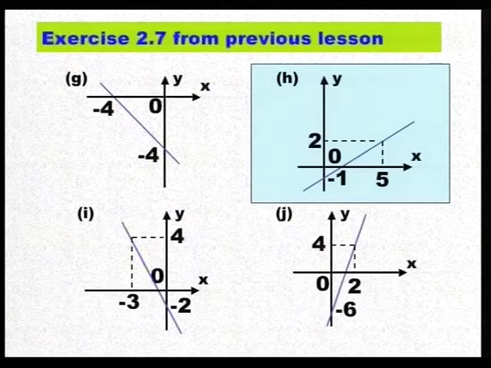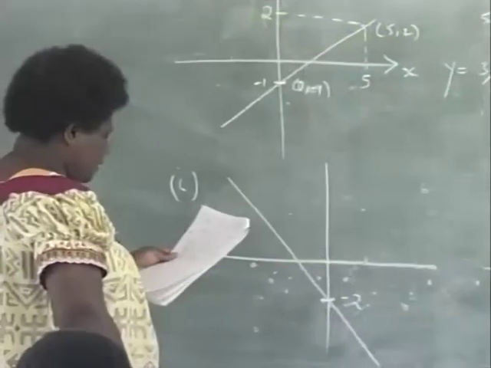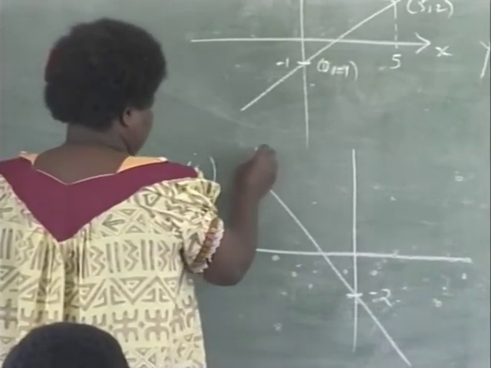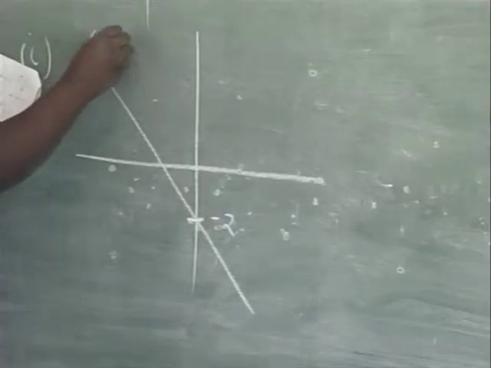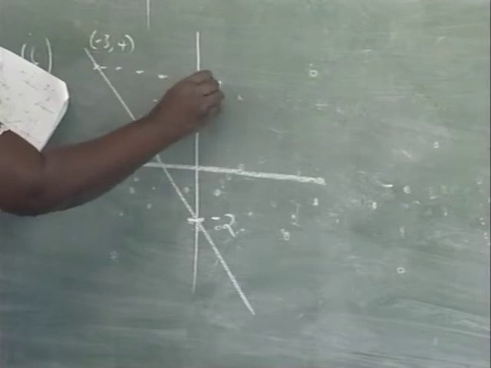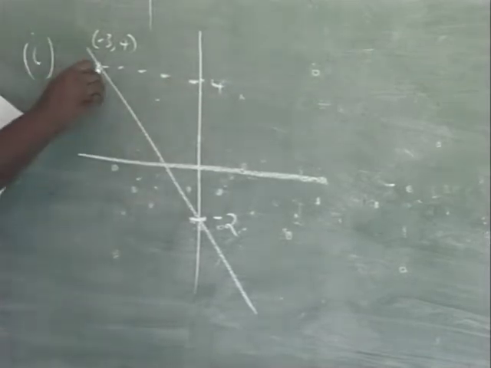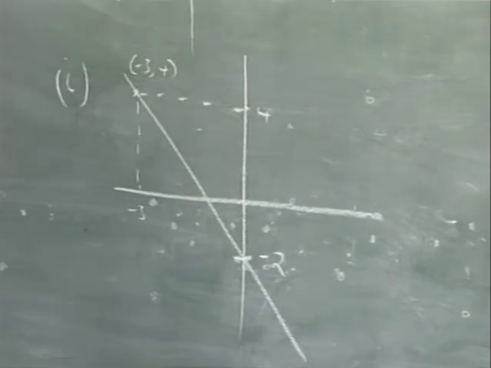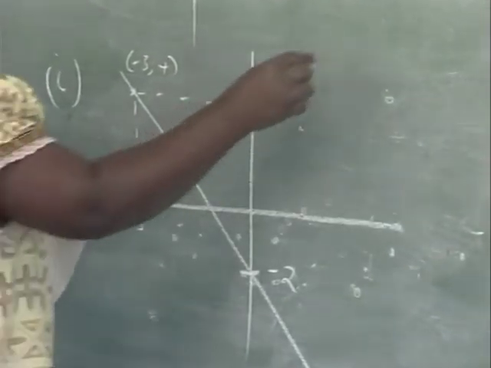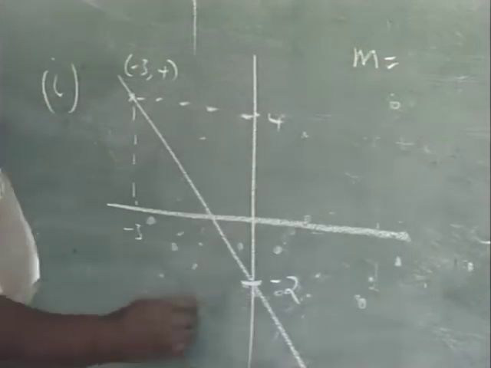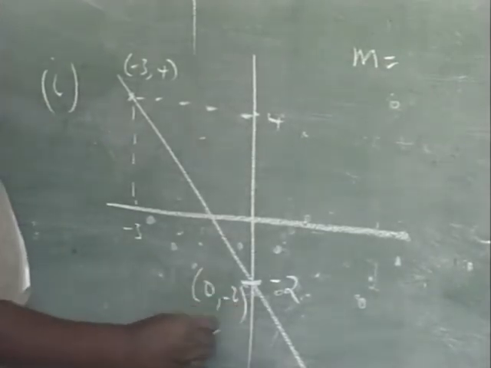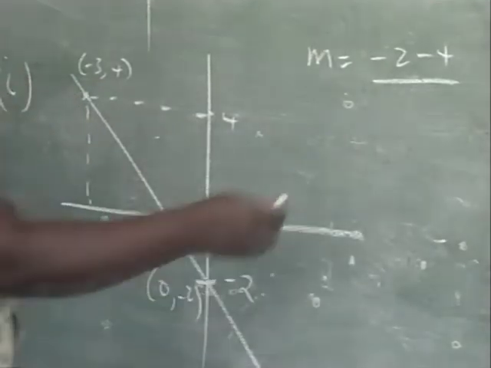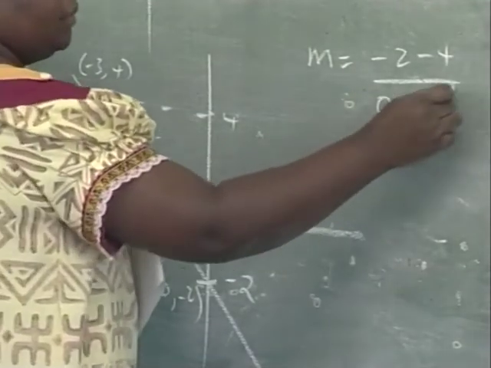Okay, letter I: the y-intercept is negative 2, and the point given is minus 3, positive 4. So the gradient will be 0 minus negative 2 over... let me redo it: negative 2 minus 4 over 0 minus negative 3.